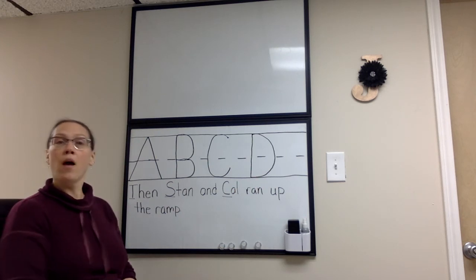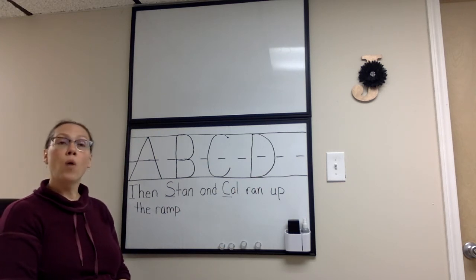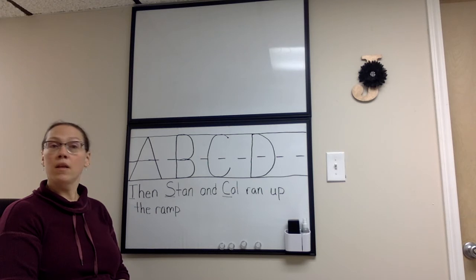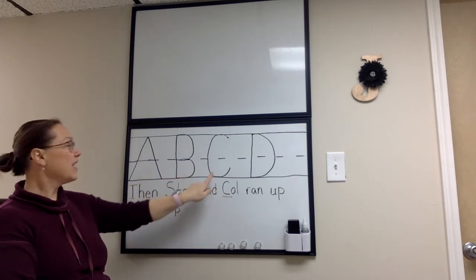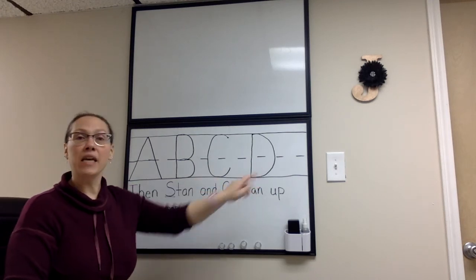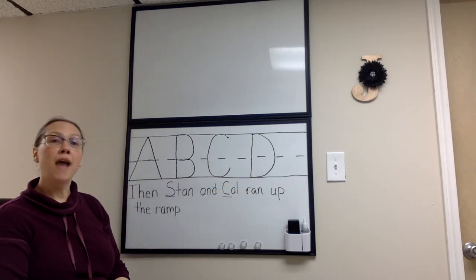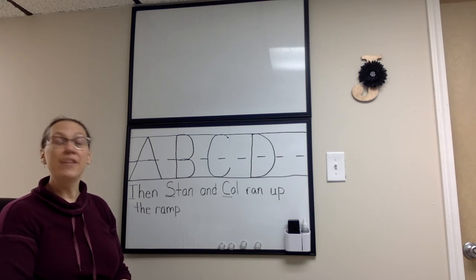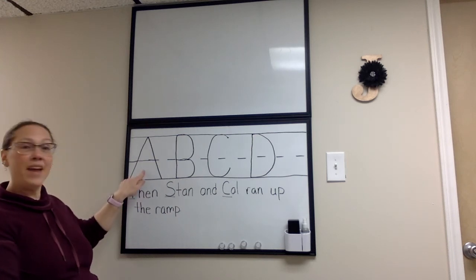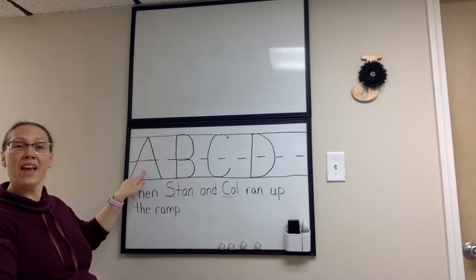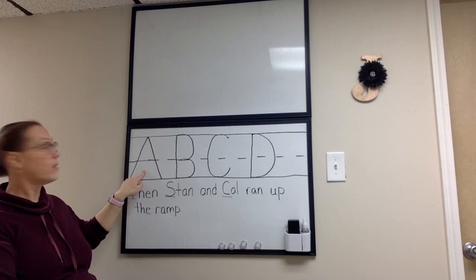So we have now practiced 4 capital letters: A, B, C, and D. And as you can tell, some of these letters look different than the lowercase letter does. A and the lowercase a look completely different.